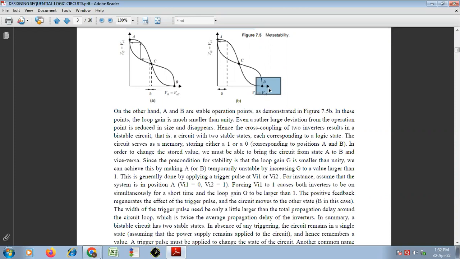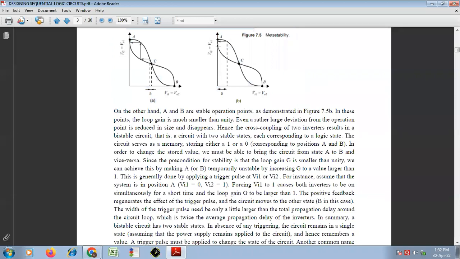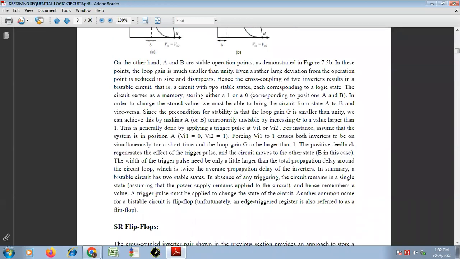That means either from B to A or from A to B. The width of the trigger pulse needs to be only a little larger than the total propagation delay around the circuit loop, which is twice the average propagation delay of the inverter.